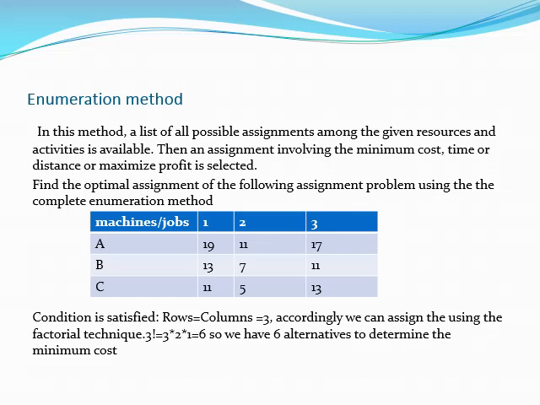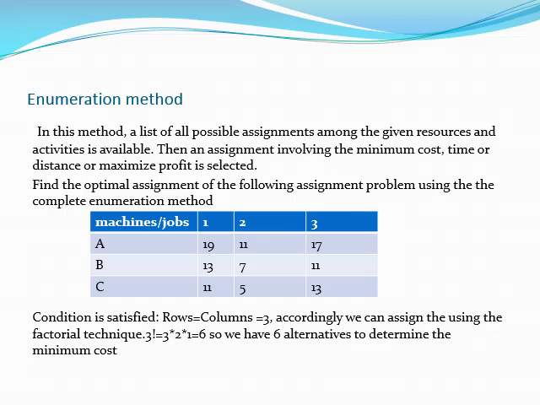Accordingly, we can assign using the factorial technique. But before that, each cell consists of a certain cost. The intersection cell between job 1 and machine A has $19 as the cost.